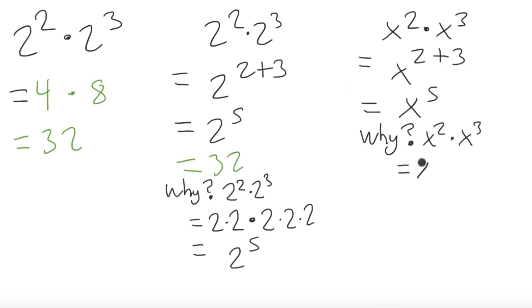So x squared is like x times x, and x cubed is like x times x times x. So we got a bunch of x's here that we're multiplying, right? How many x's do we have? 5, right? Yeah, that's 5. So can't I write this as x to the 5th power?